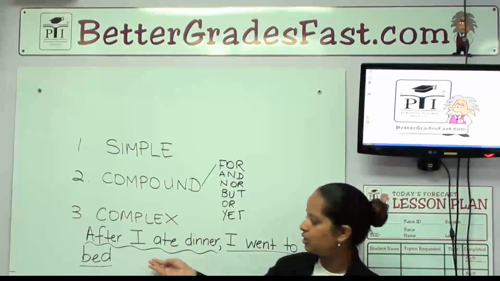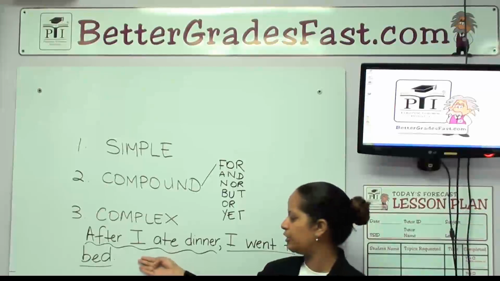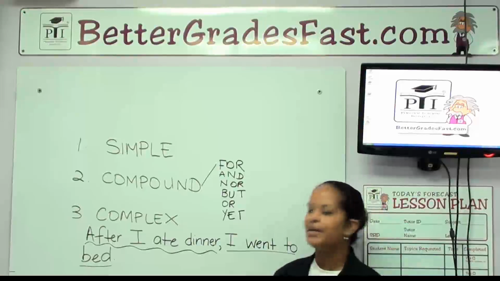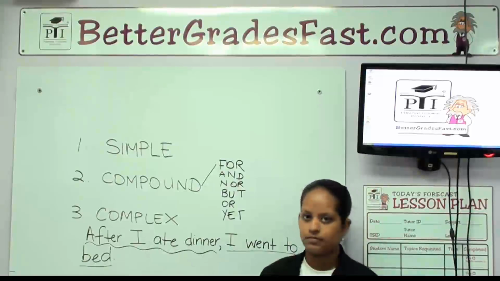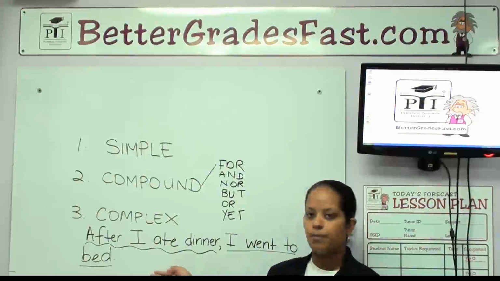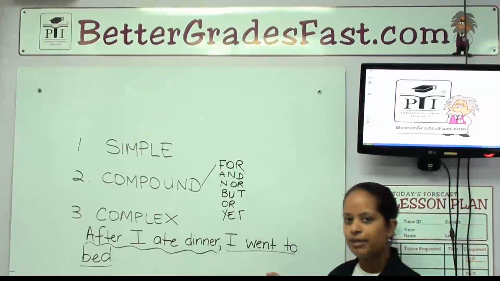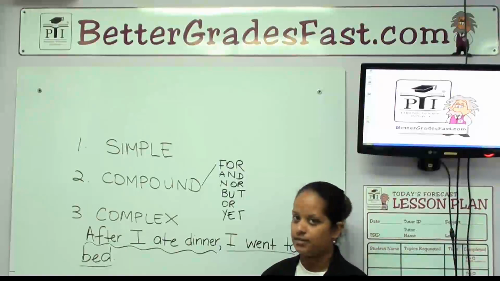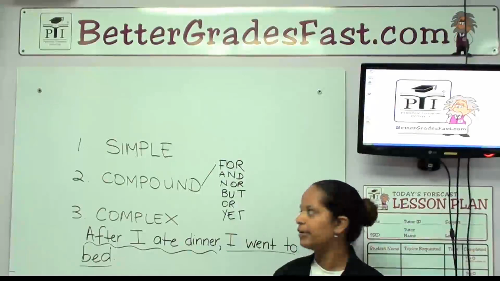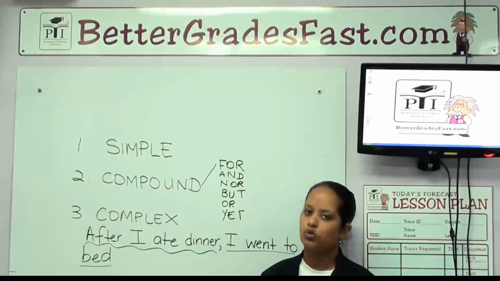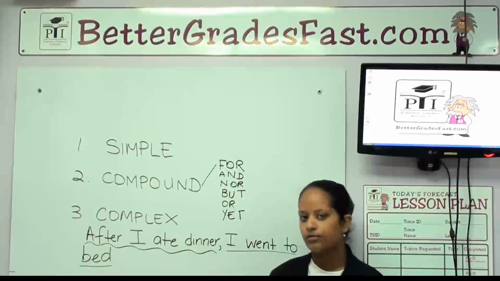The combination of a subordinate clause with a main clause forms a complex sentence. Again, once you have a sentence with a subordinate clause and a main clause, you will therefore have a sentence that is complex.